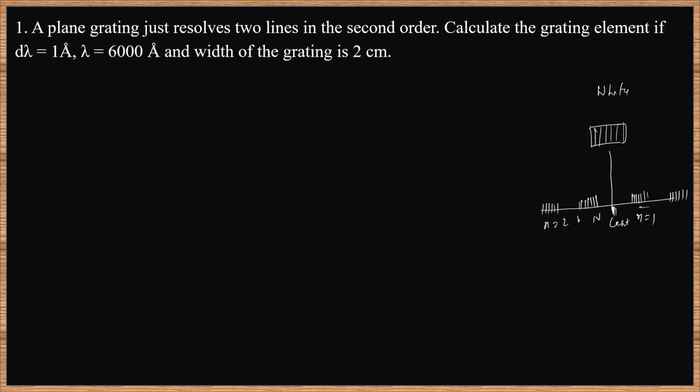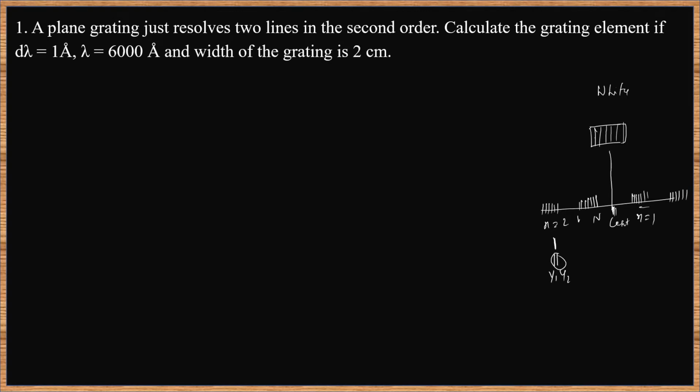So the question is, a plane grating just resolves two lines in the second order. In two lines, maybe we can see a yellow line, yellow 1 and yellow 2. So two lines will be there.